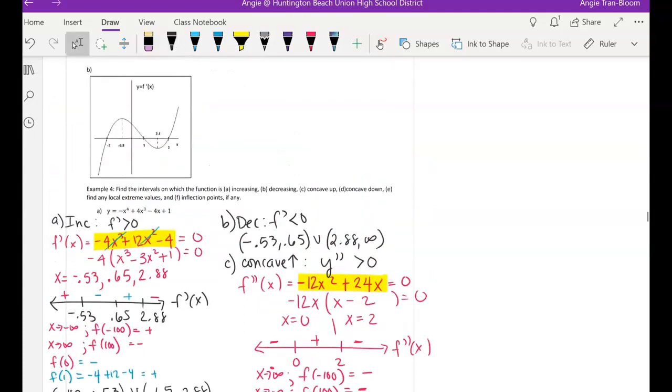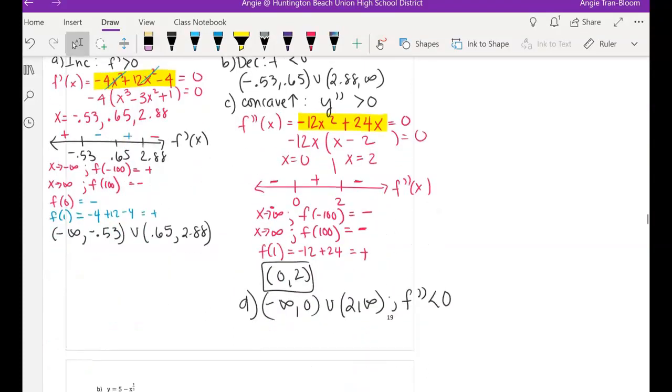Next, I did D, now E, local extreme values. Let's talk about local min first. Local min is when the first derivative changes from negative to positive.